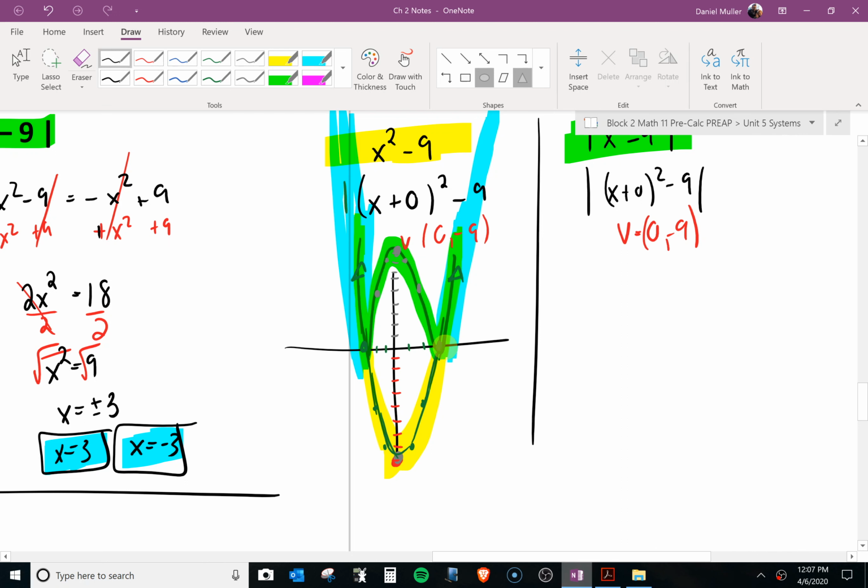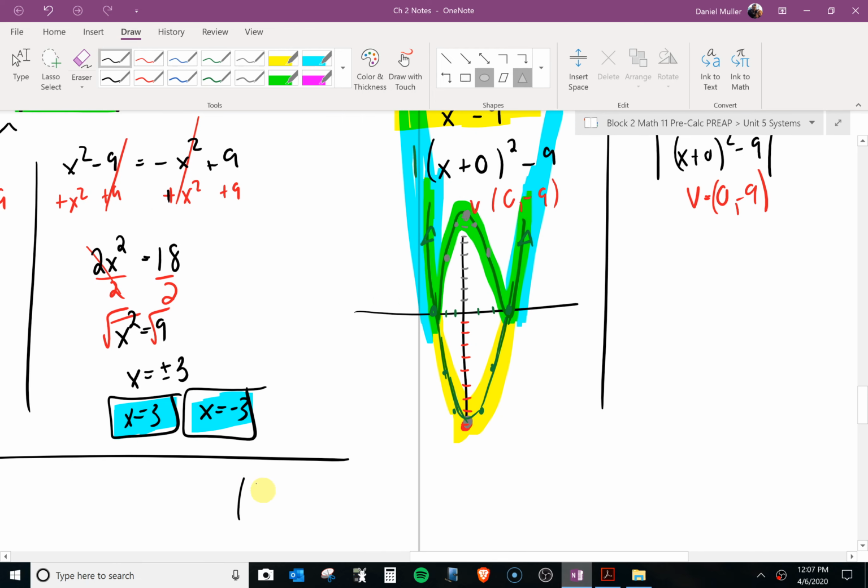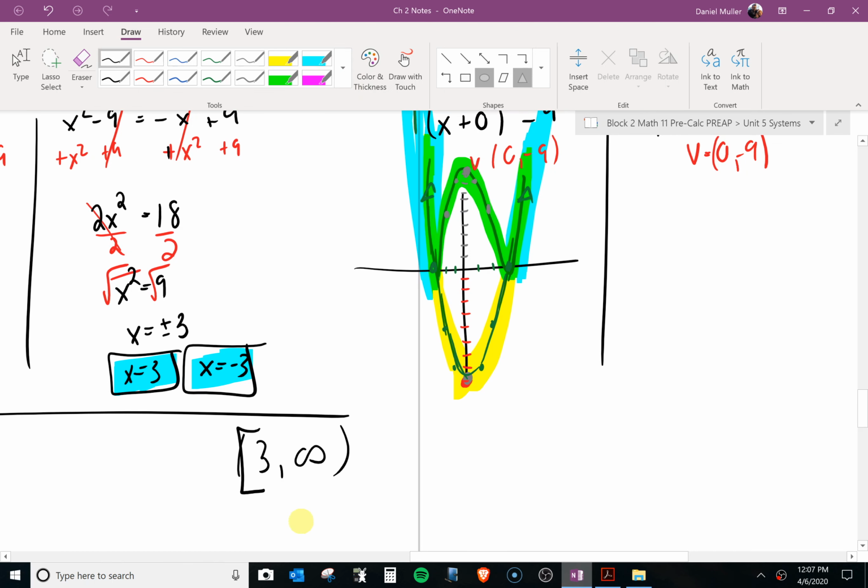Well, they overlap from 3 to the right. So our answer is from 3 to infinity, and we can include 3, so it has a square bracket. And then it's from negative 3 left forever, so the other answer is from negative 3 to negative infinity.